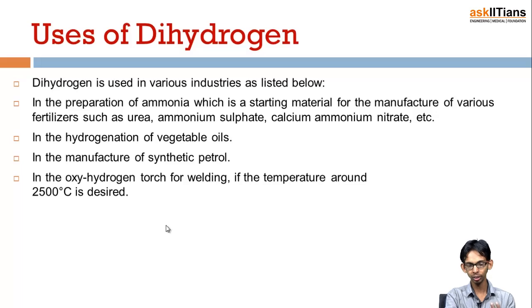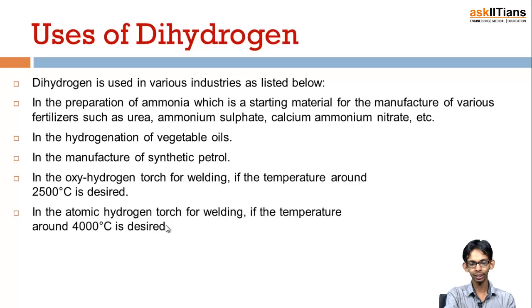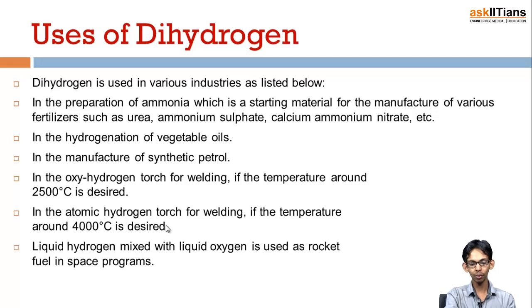Oxyhydrogen is used in an oxyhydrogen torch for welding if the temperature required is above 2500 degrees Celsius. It is used in an atomic hydrogen torch for welding if the temperature required is around 4000 degrees Celsius, and liquid hydrogen mixed with liquid oxygen is used as rocket fuel in space programs.